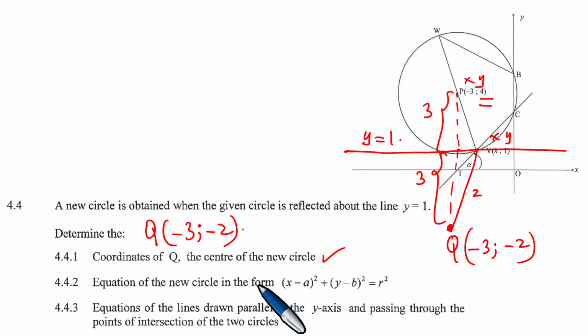So the center of the new circle is the coordinates -3 and -2.